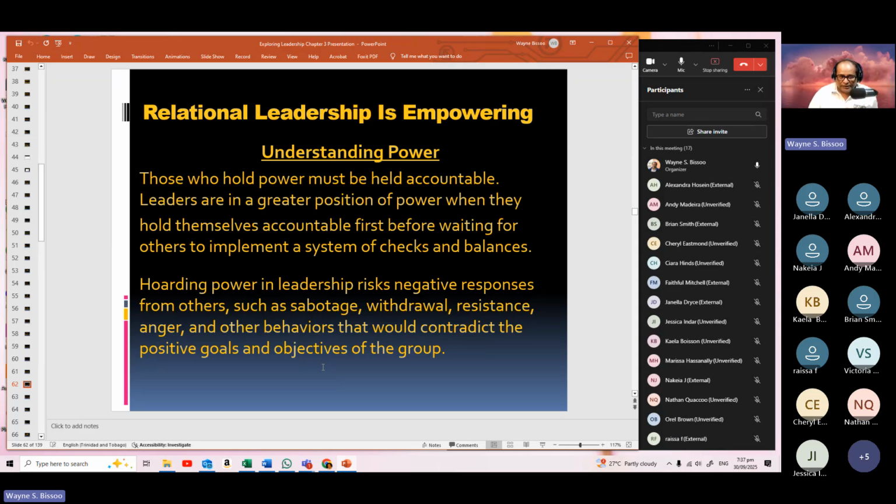So, in essence, you set somebody up. You've delegated responsibility and work, but you didn't delegate the necessary authority to get it done.